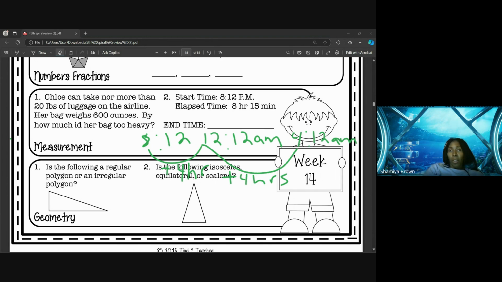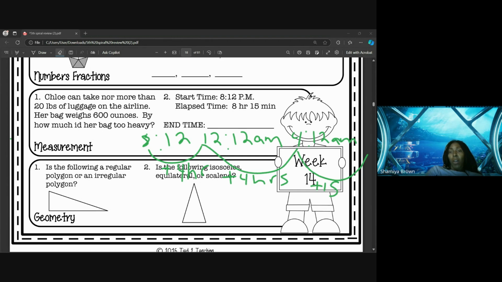Now I have that 15 minutes left. So I can add that whole 15 minutes to 12. 13, 14, 15, 16, 17, 18, 19, 20, 21, 22, 23, 24. That's not going to be 24. What did I do wrong? I just added 10.